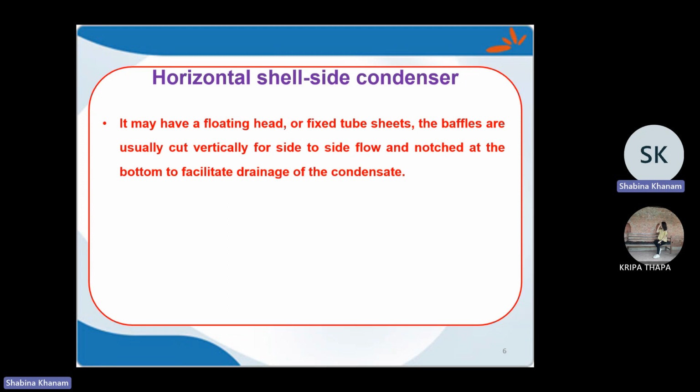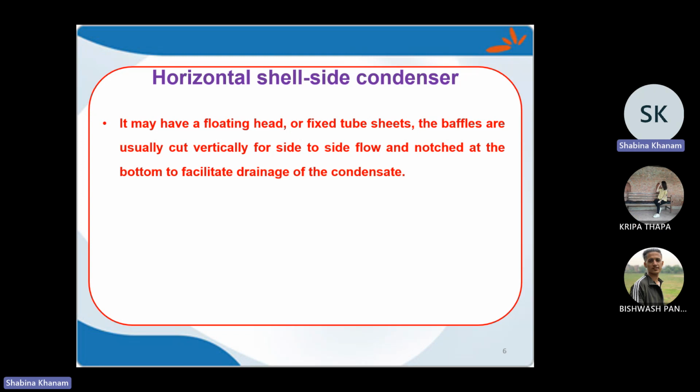Because of the lighter weight, or less dense vapor in comparison to liquid, vapor always moves up. So when I have a vertical cut, it is easier for vapor to move from side to side.